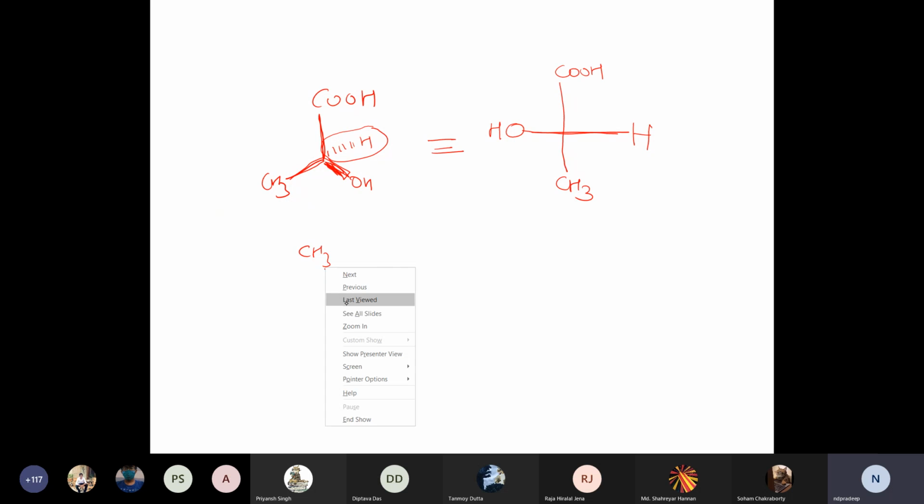For example, we'll draw a molecule like this. This type of question comes in the exam. Now, what are you going to draw for this? The Fischer one.